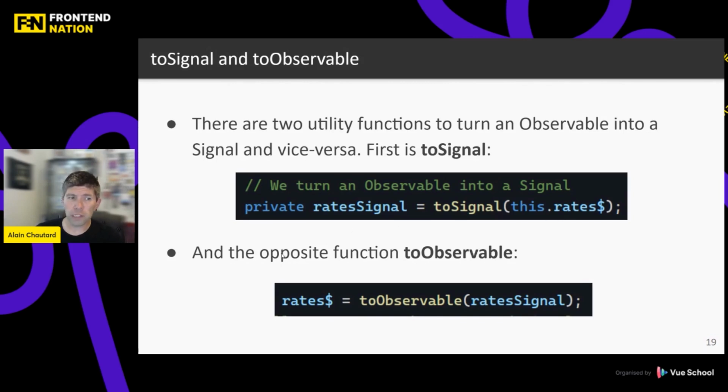There's the opposite too. If you have a signal and want to turn it into an observable, you can do that. Why would you do this? I don't know. I would rather turn everything or as much as possible into signals, but there's a function to do the opposite as well. So you can really have that interoperability and do one or the other using these two functions.